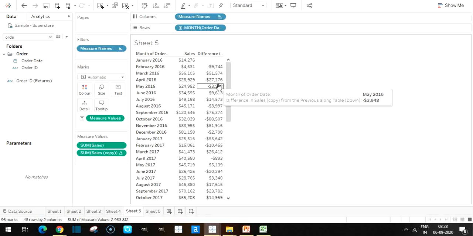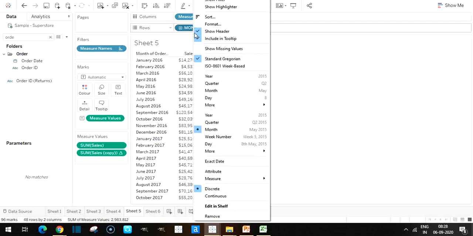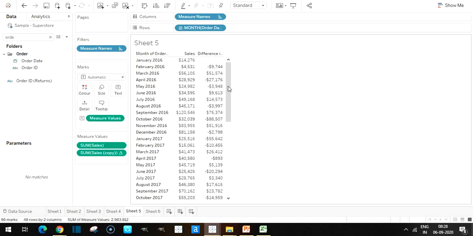So if you want to compare month on month jump, it could be month on month, it could be year on year. Basically, that is decided by this. You can change it to anything. But what the quick table difference will do is not look at what level of granularity you have in your dimension. It just looks at the difference between the current point and the previous point.